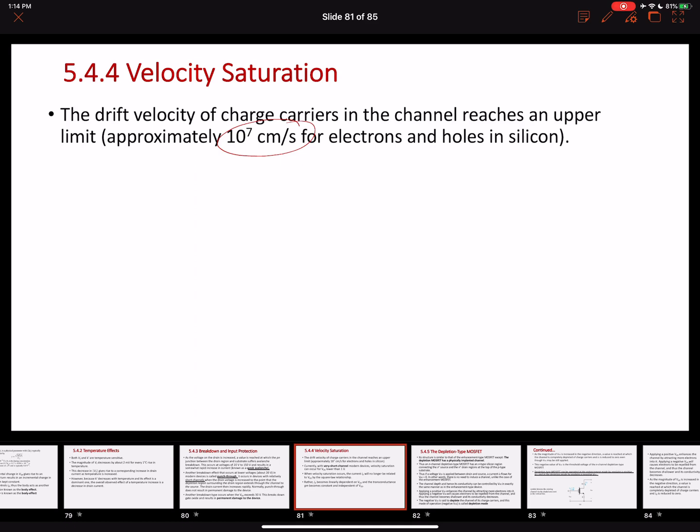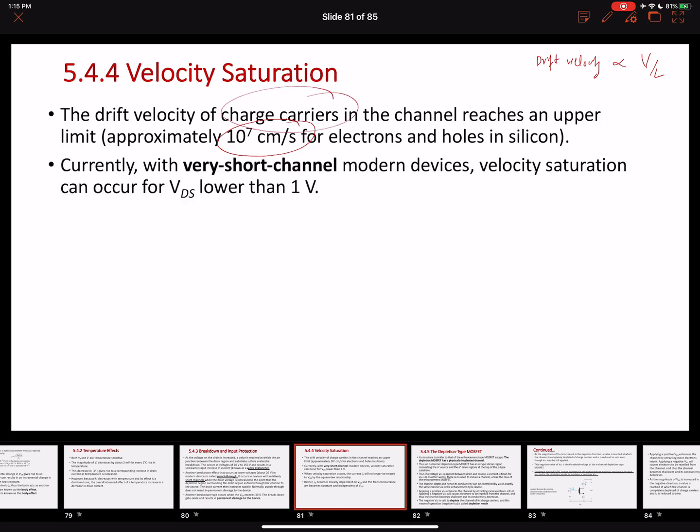If you remember, in one of the very starting lectures, we showed this equation of drift velocity to be directly proportional to the voltage values and inversely proportional to the length. So as we increase the voltage values, the drift velocity will increase for the charge carriers.